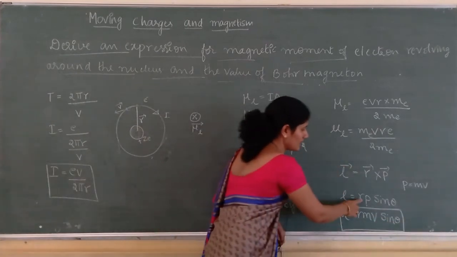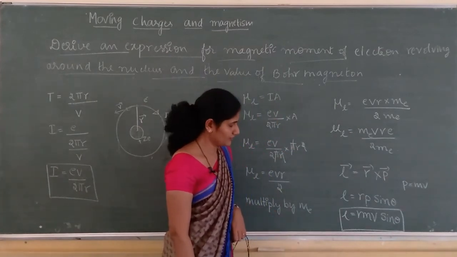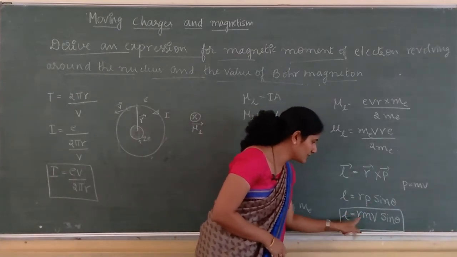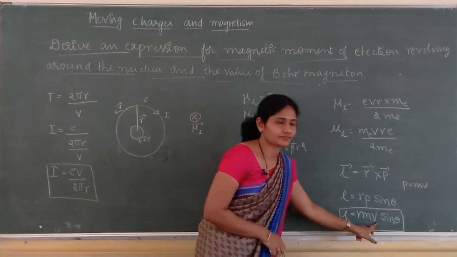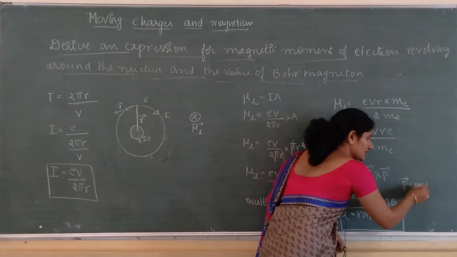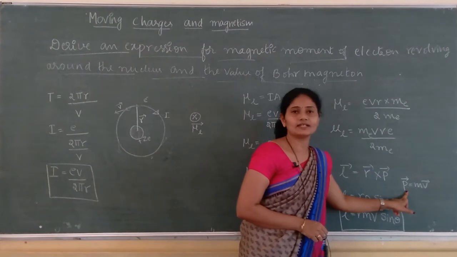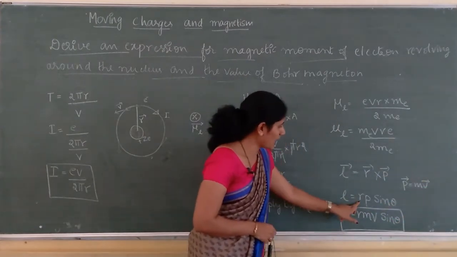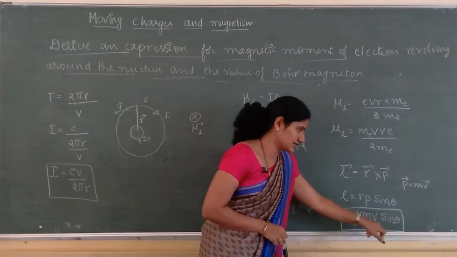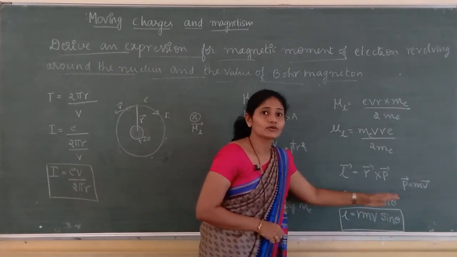Theta is the angle between r and p, or the angle between r and v. p is equal to m into v, and p is a vector quantity. So, p vector is equal to m into v vector. The direction of velocity and linear momentum are the same.